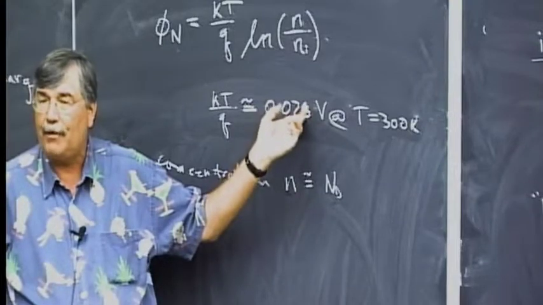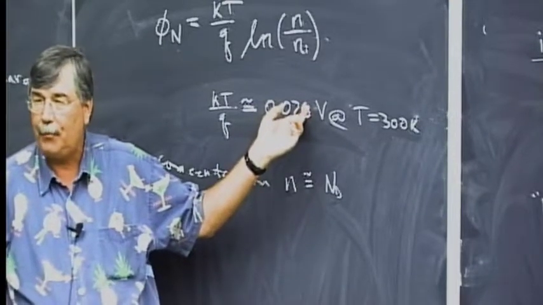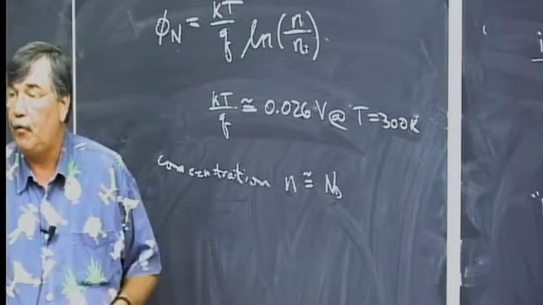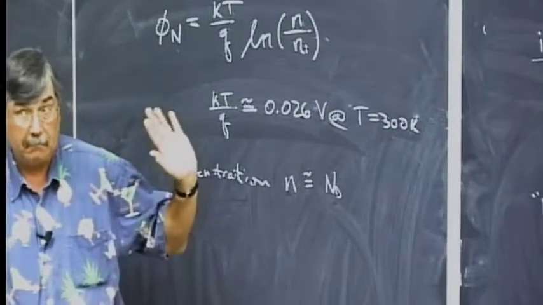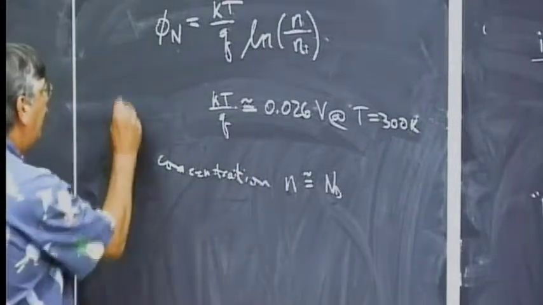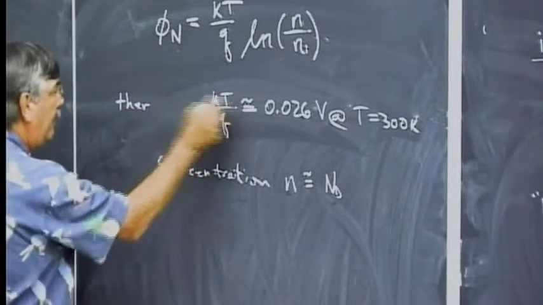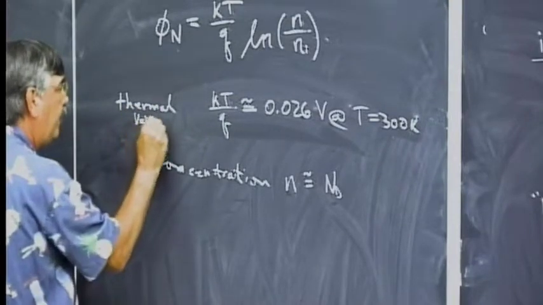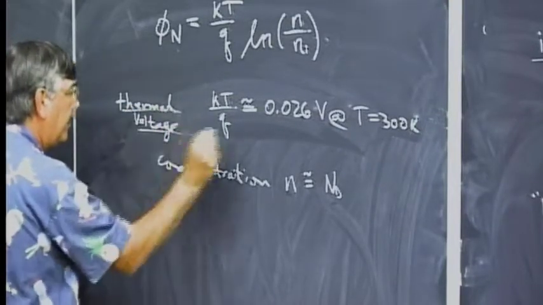It's not that important that we know many decimal places. It's about 1/40th of a volt, and it's proportional to absolute temperature. Sometimes called the thermal voltage, it's thermal because of the T, and we'll use it every day, over and over, so you might as well get used to it.